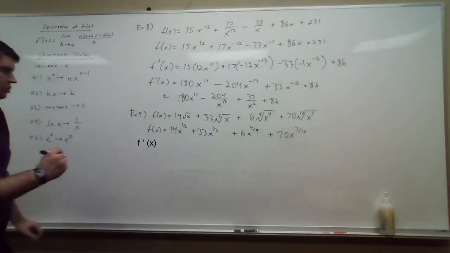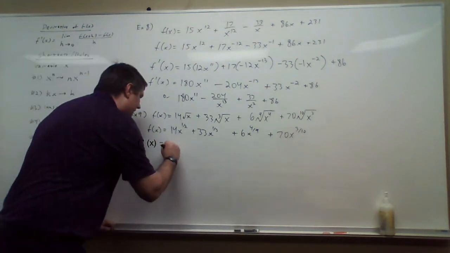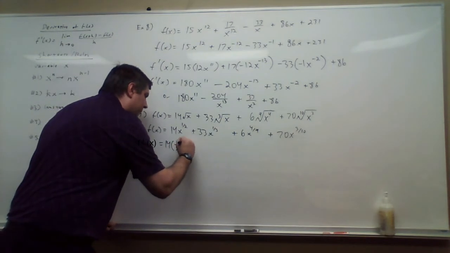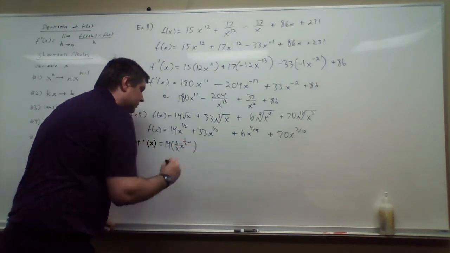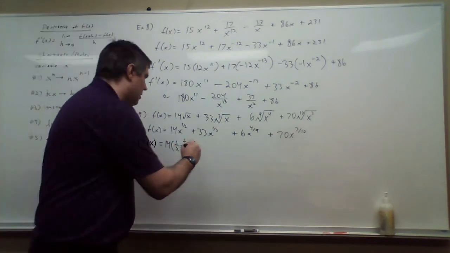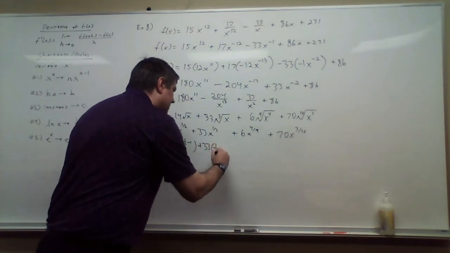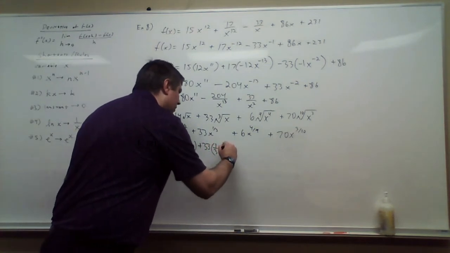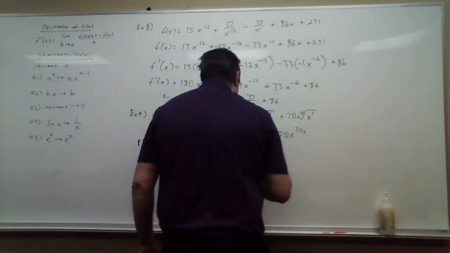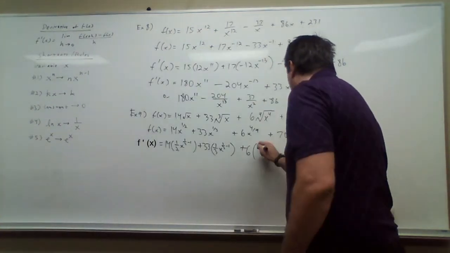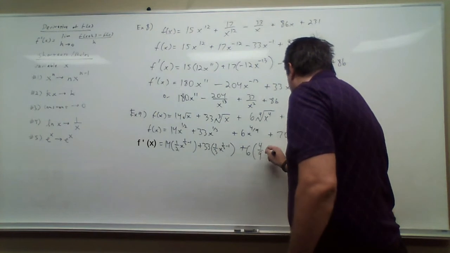Okay, so this is going to be 14, the 1/2 will go to the front, and we will go down a power. Okay, plus 33, the 1/3 will go to the front, and we will go down a power. Plus 6, the 4/9 will go to the front, we will go down a power.